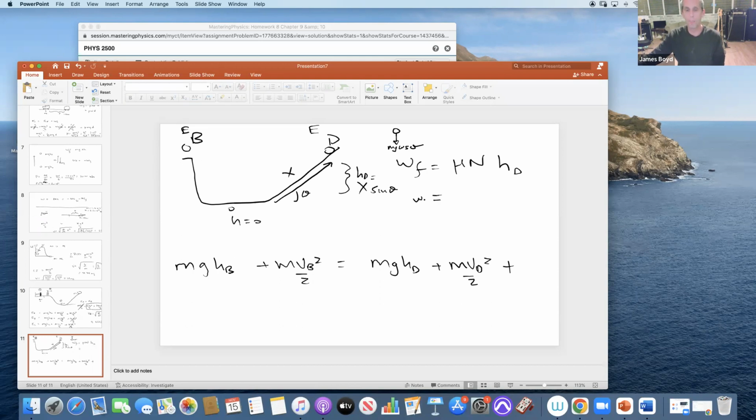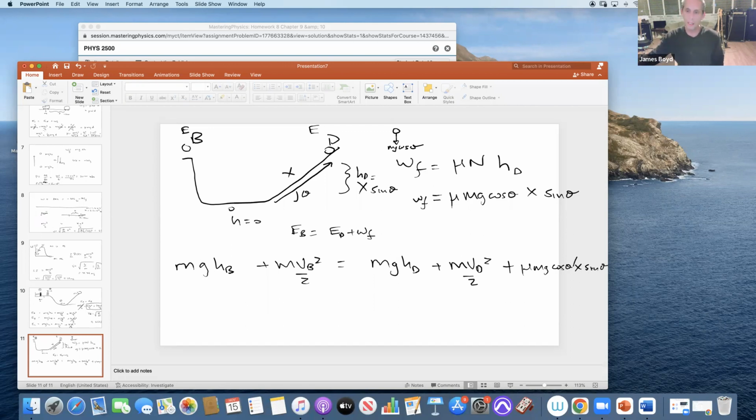So this work of friction is going to be mu mg cos theta times height, x sine theta. And we want to solve this for x, but energy at B is equal to the energy at D plus the work of friction. So mu mg cos theta x sine theta.